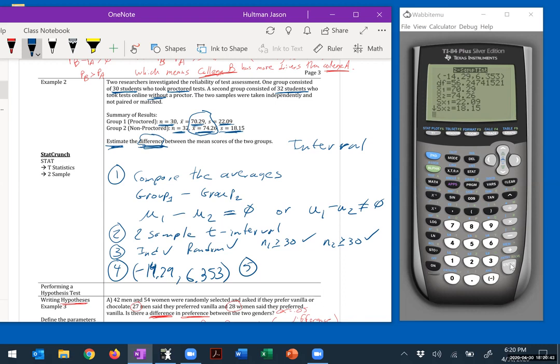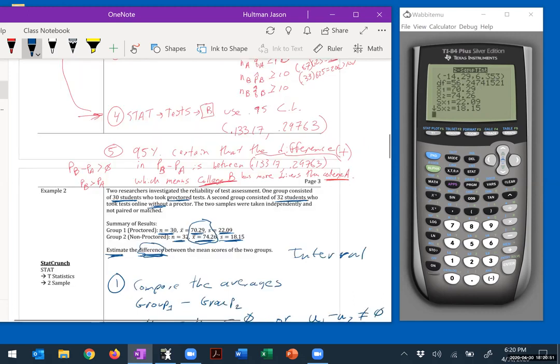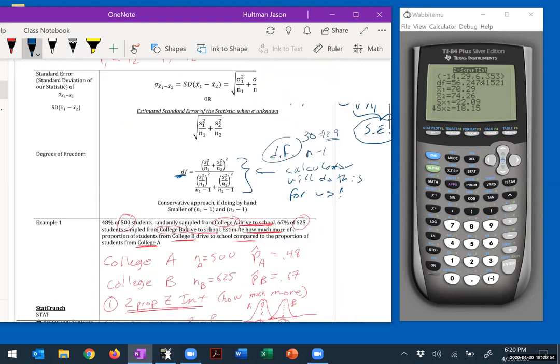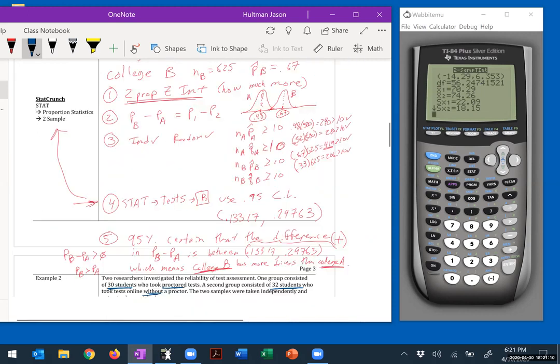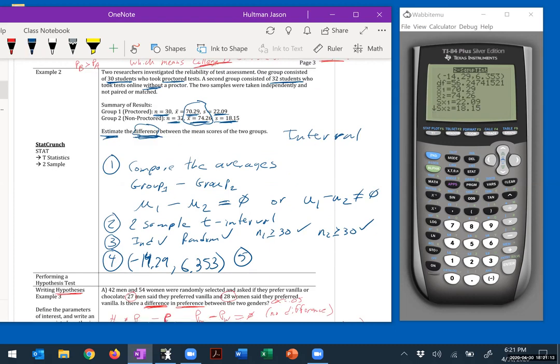Notice that the calculator calculated the degrees of freedom for me as 56.247. That's this hellacious calculation up here. It also calculates the t star for me based on that number of degrees of freedom, which you couldn't even do if you didn't have the calculator. It calculates everything else we gave it, and it gives us our interval.